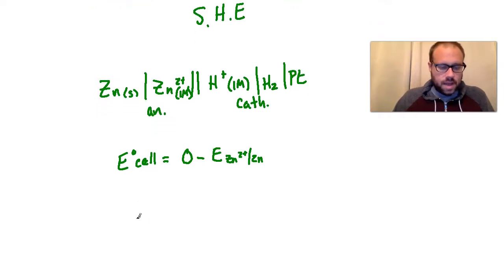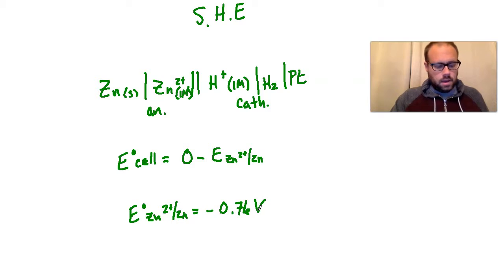So E of the zinc 2+ zinc is equal to negative 0.76 volts.